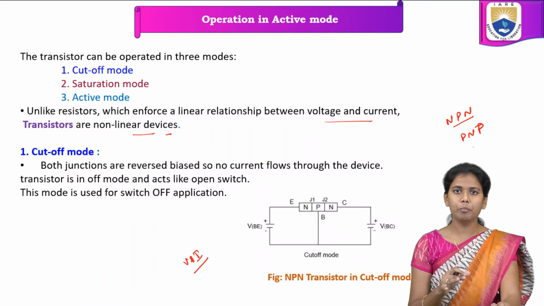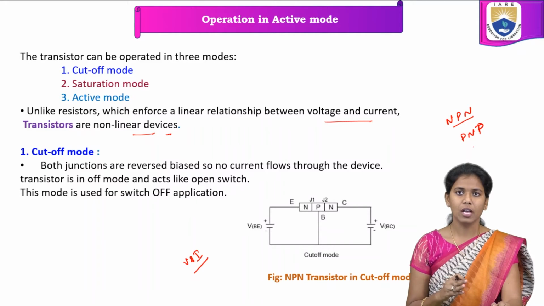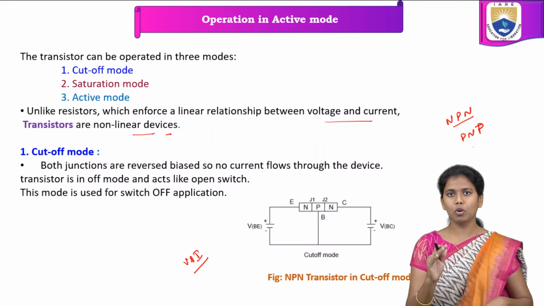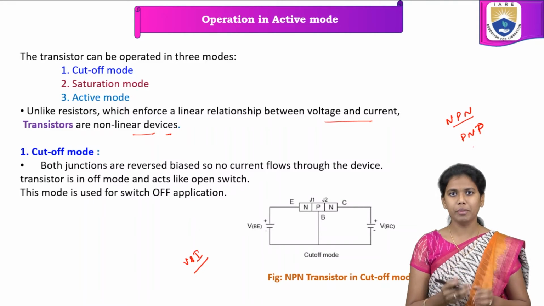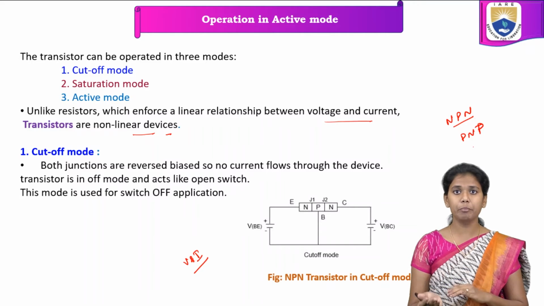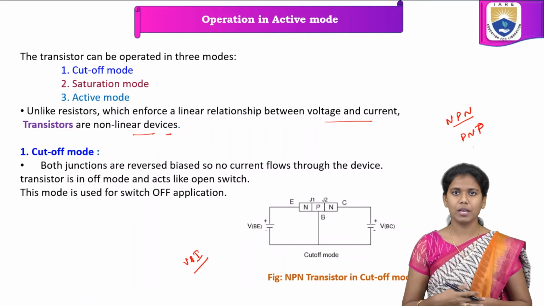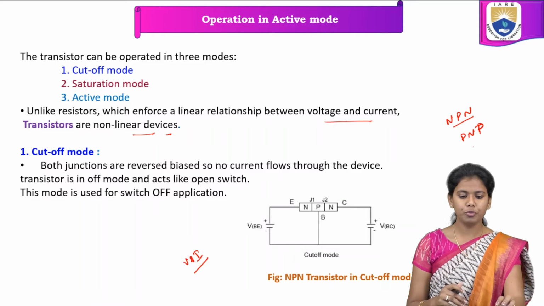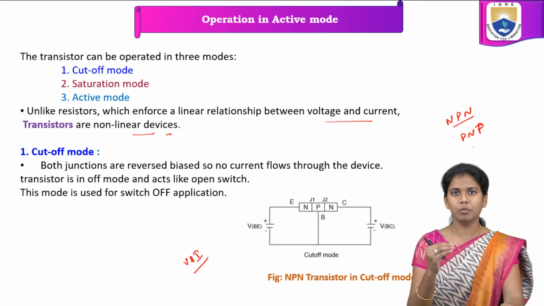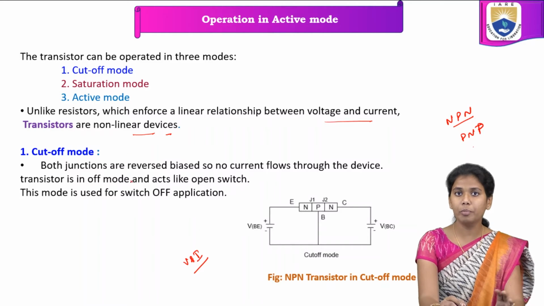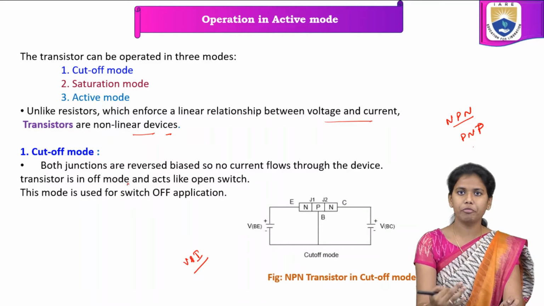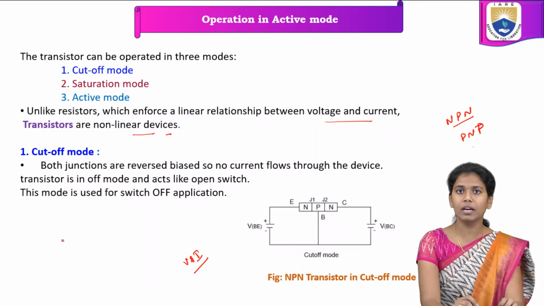When you compare these three, the active mode of operation is quite different from the cutoff and saturation regions. First we will understand the operation of the BJT in these three modes, starting with the cutoff mode.